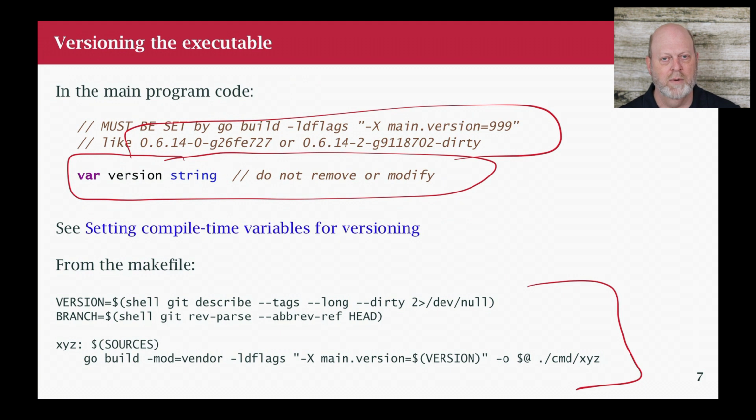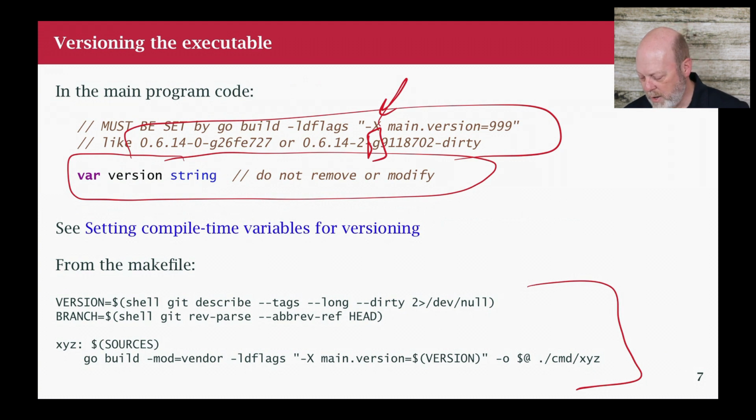The tag number, and maybe there's a number in between that counts up how many commits since the tag, because the commit may not have actually been tagged by itself. And then the actual hash of the commit, the first 7 characters. The little g there just says it's git. And the 7 characters after that are the first 7 characters of the commit hash, which is usually enough to figure out what this is.